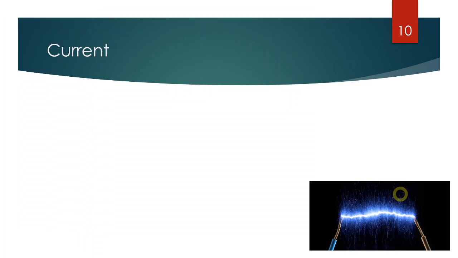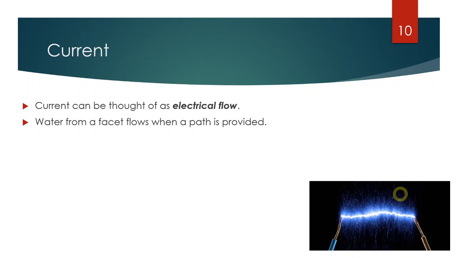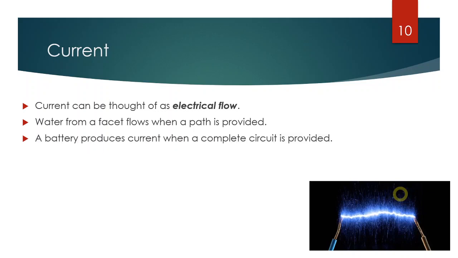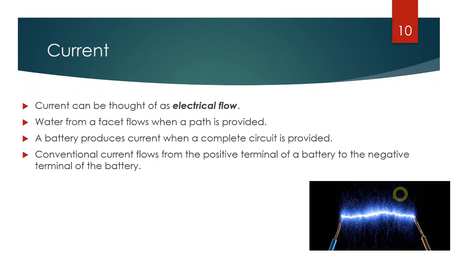Okay, now let's talk about current. Current can be thought of as electrical flow. Water from a faucet flows when a path is given to it. The battery produces current when it has a completed circuit provided to it. Conventional current flows from the positive terminal of the battery to the negative terminal.